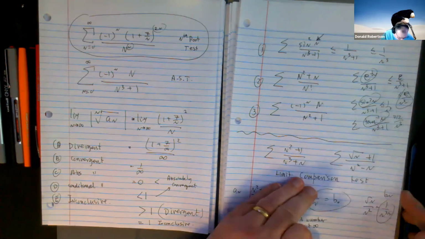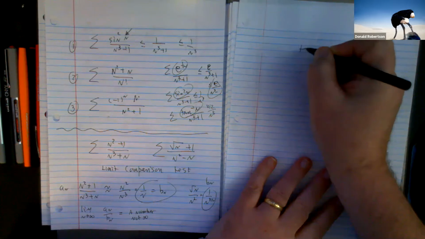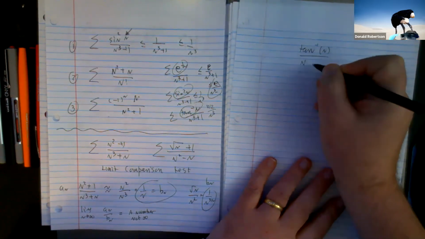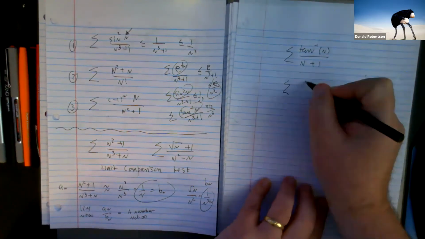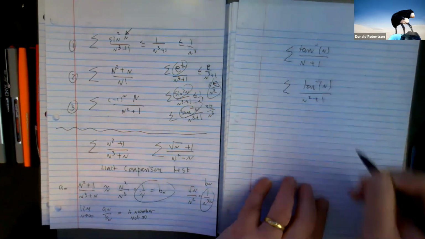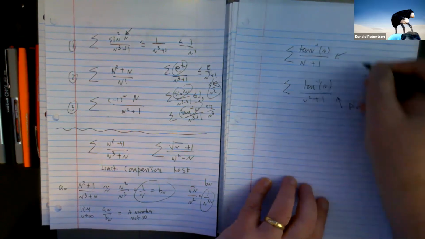I'll give you an example of what I mean. If I said to you, inverse tan of n over n plus 1, or if I said to you, inverse tan of n over n squared plus 1, this one's going to diverge. Sorry, wrong way around.